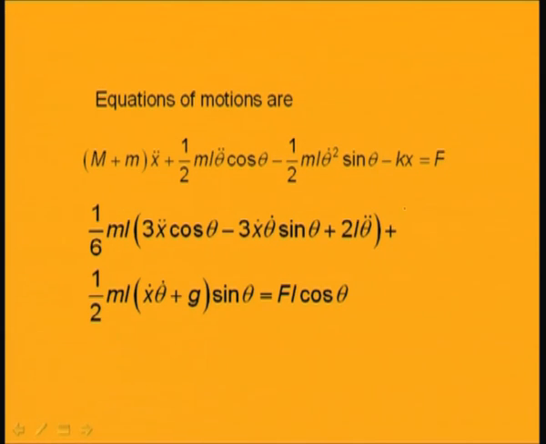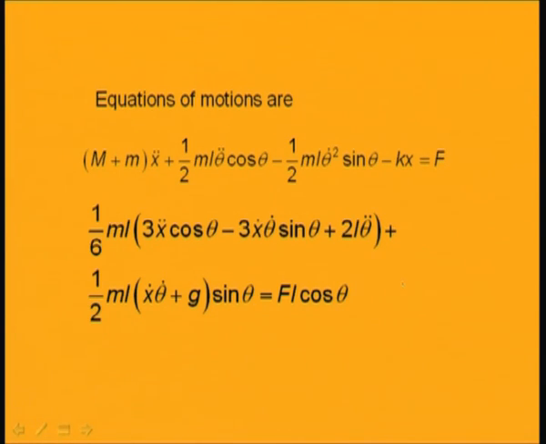In this case the equations of motion are in this form: m plus m x double dot plus half m l theta double dot cos theta minus half m l theta dot square sin theta minus k x equal to f, and 1 by 6 m l, 3 x double dot cos theta minus 3 x dot theta dot sin theta plus 2 l theta double dot plus half m l x dot theta dot plus g sin theta equal to f l cos theta.